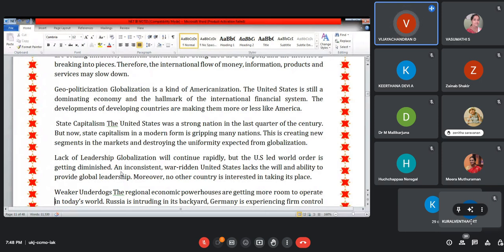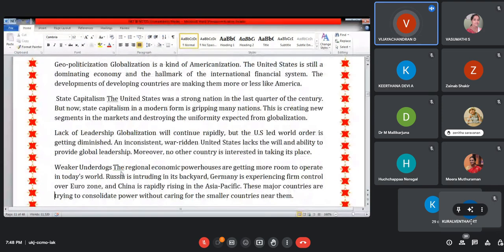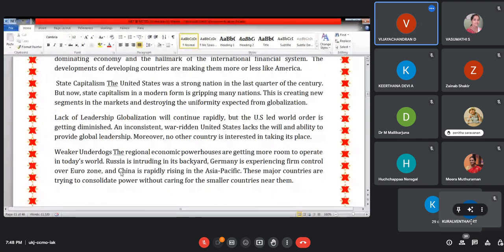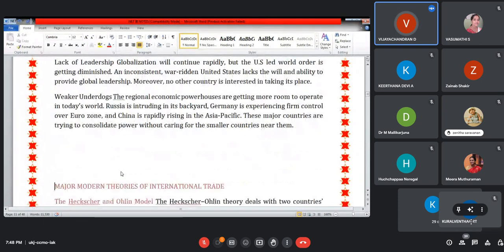And there is a lack of leadership. A common arbitrator is not there in order to manage the problems. So there is a lack of leadership. That is another challenge in the case of international trade. And the next major challenge is weaker underdogs.